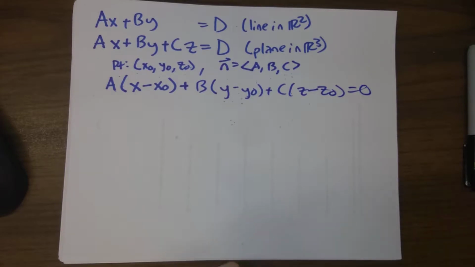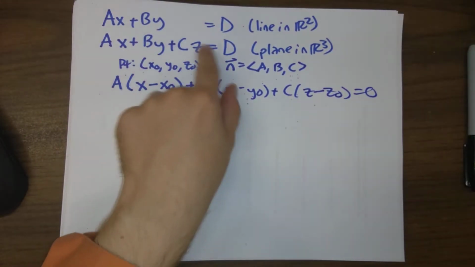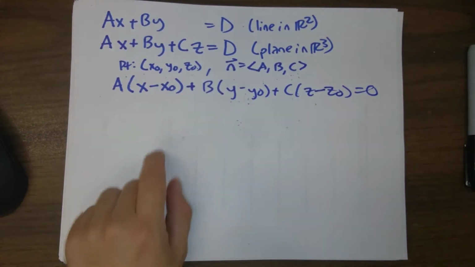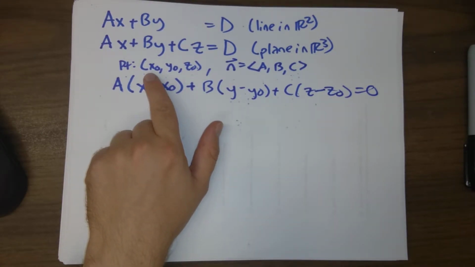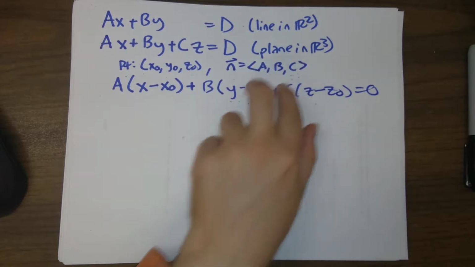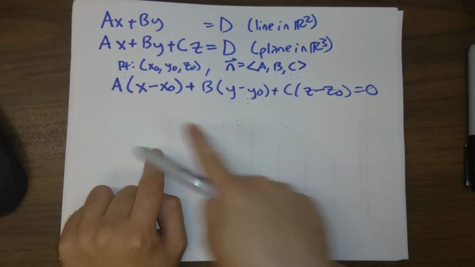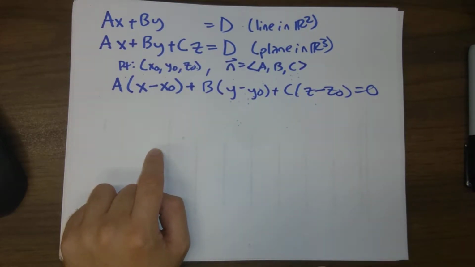So two questions to ask here. Number one, why is this the equation of a plane? And number two, why is it that if we have this point and this normal vector, this is the exact recipe that will give us an equation of a plane?